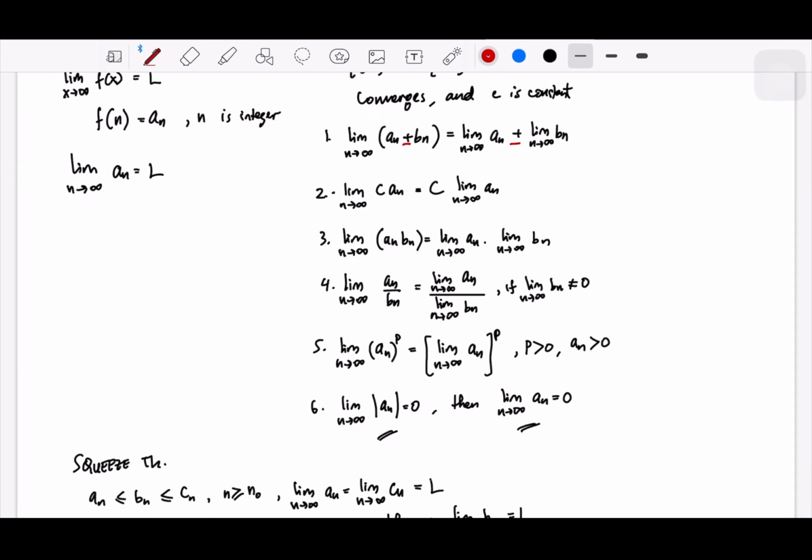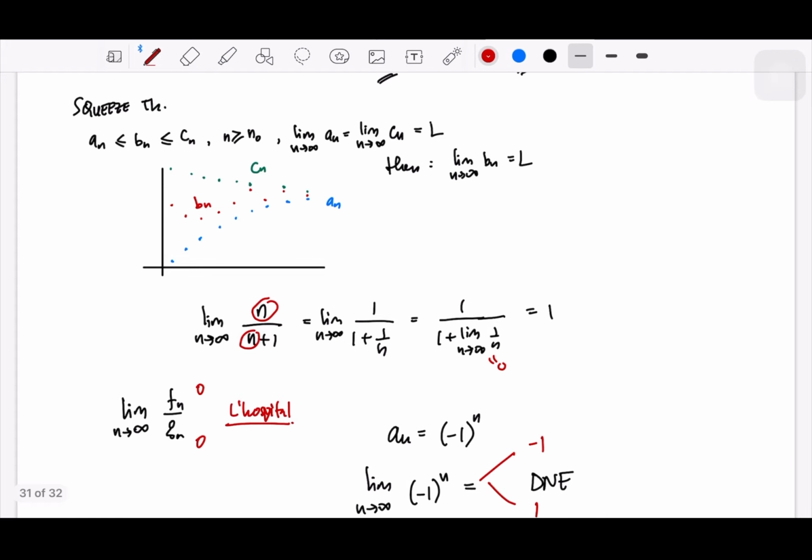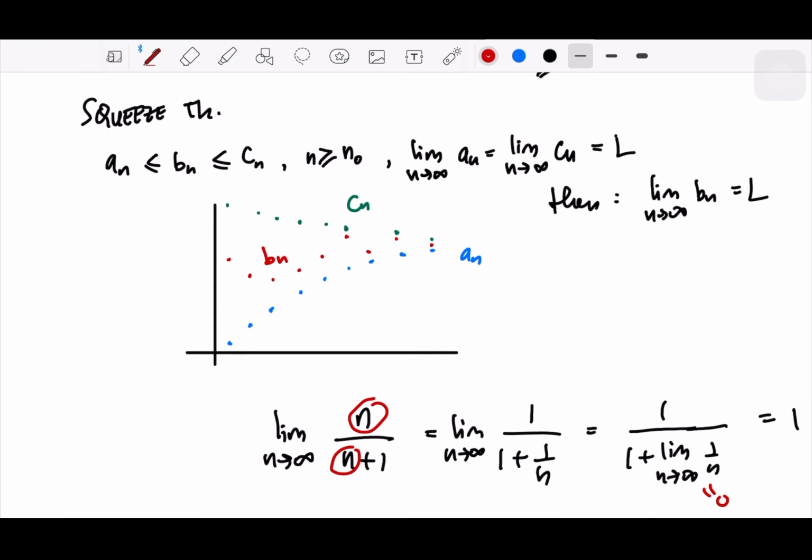And also this is just a recap on the limit laws, the same laws that we applied last semester. And also we can apply the squeeze theorem because of the limit. Okay. If we can make sure that we have three sequences, and we know the middle one is in between a_n and c_n, then we can apply the squeeze theorem.